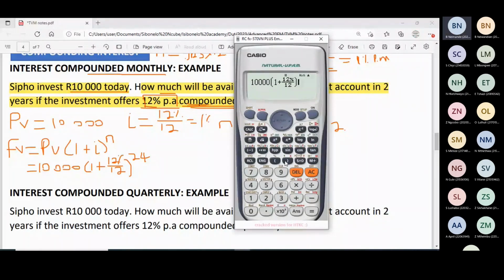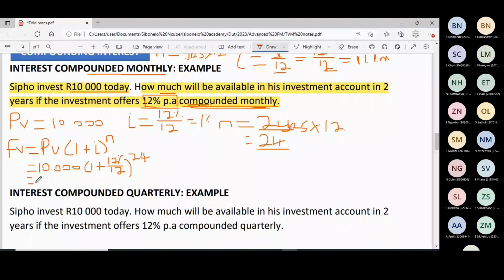These 10,000 will accumulate in 2 years to 12,697. So how much will be available in his investment account in 2 years' time? Sipo will have 12,697. This 10,000 he is investing today will be worth 12,697 in 2 years' time. This is the future value. Are you still following?